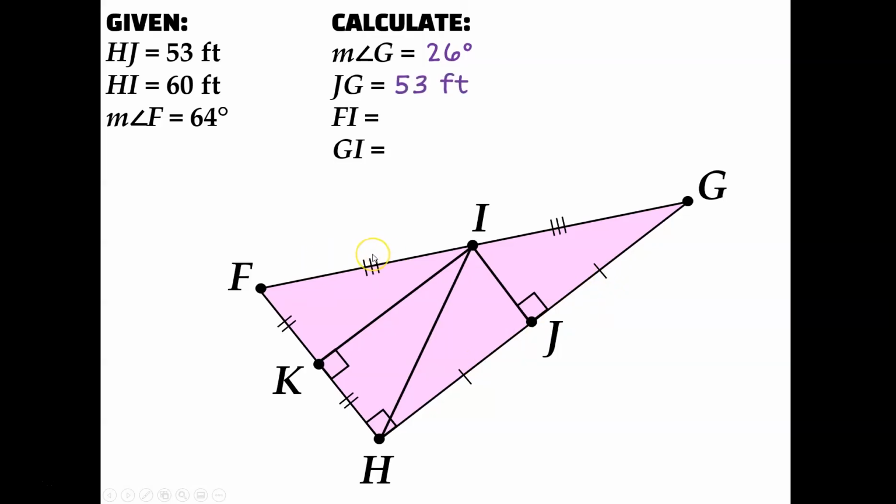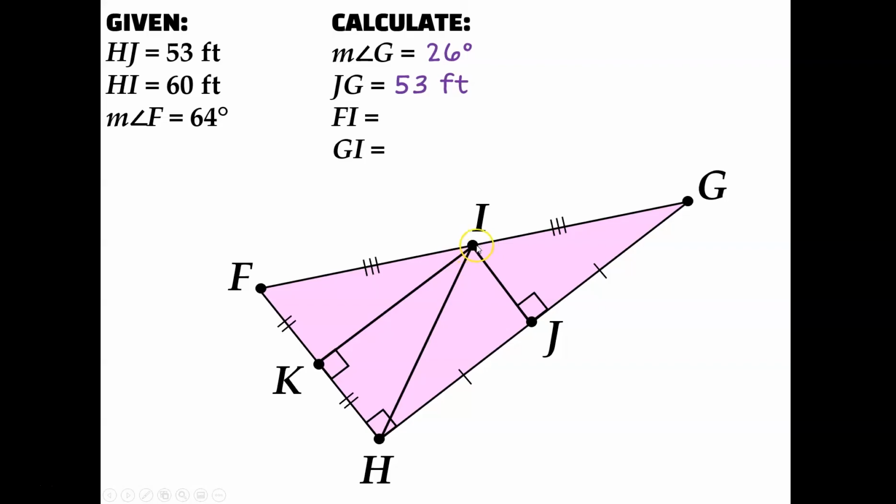Then we're supposed to calculate the measure of FI. FI is marked as congruent to GI, but I don't know either of those lengths, and I don't know the entire length of FG. The only other length that I was told is that HI is 60. Well, HI is the distance from the circumcenter to a vertex of the triangle.